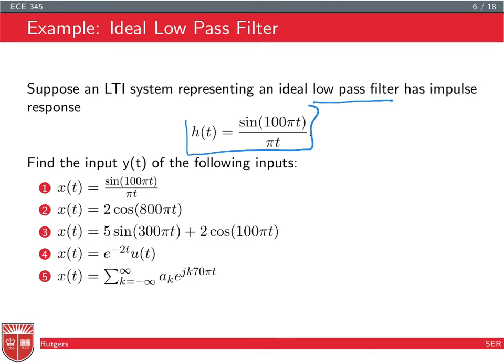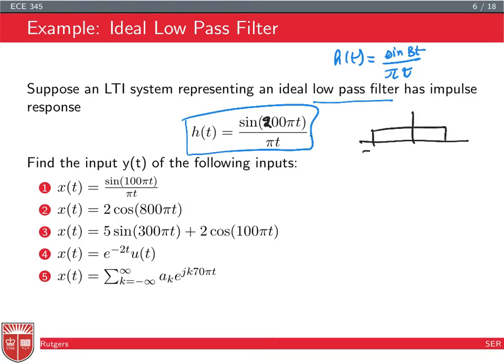You already know that the impulse response of a low-pass filter is a sinc function, so it must look something like this. h of t is equal to sin(bt) divided by pi t, where the frequencies that are allowed to pass through the filter are between minus b and plus b. Actually here there is a typo, it should be 200 pi, and I'll fix it later. So here is how this filter looks.